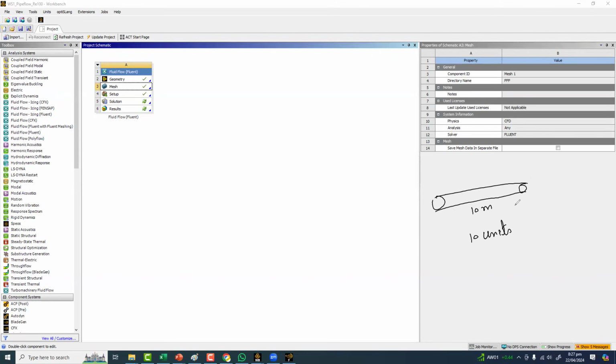Now imagine the geometry was made not as 10 meters, but as 10,000 millimeters. The meshing software will take it as 10,000 units. So the mesh will be created and exported in 10,000 units.